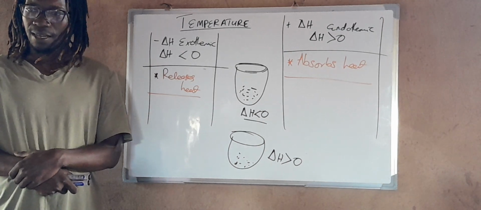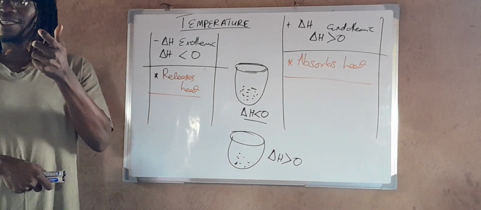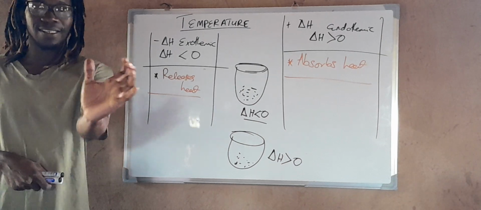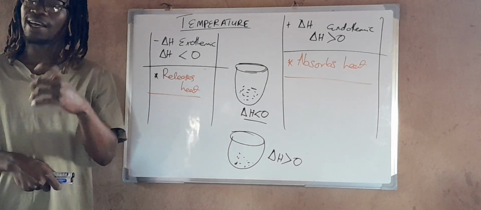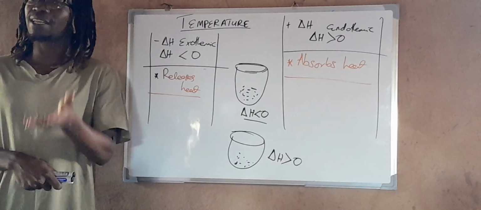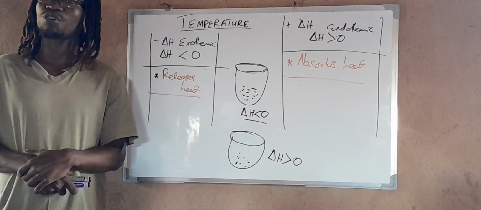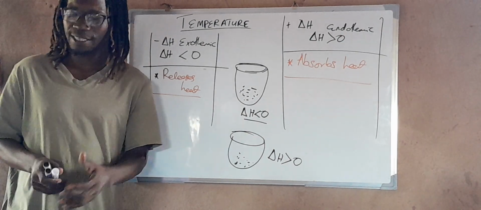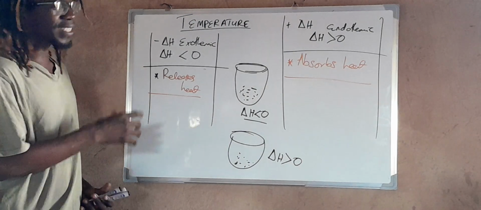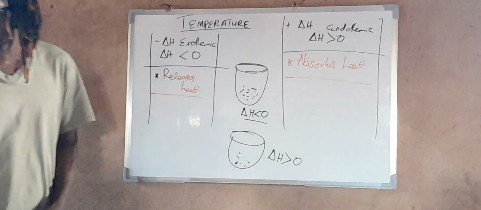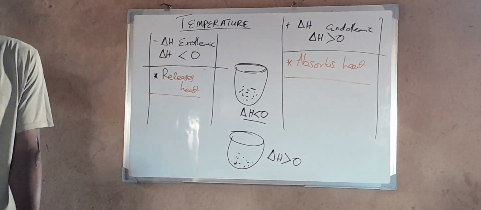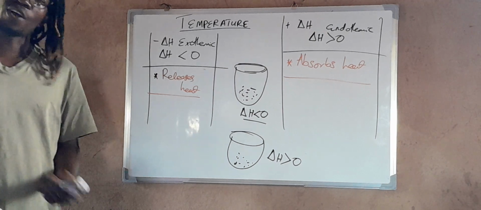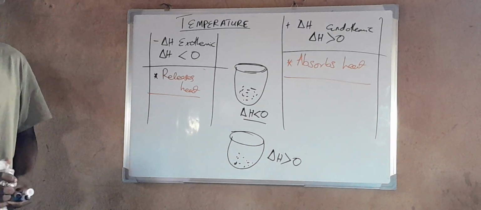So if you think that way, that exothermic releases heat and endothermic absorbs heat, then we are halfway done. In this case, we are talking about the forward reaction and the reverse reaction.